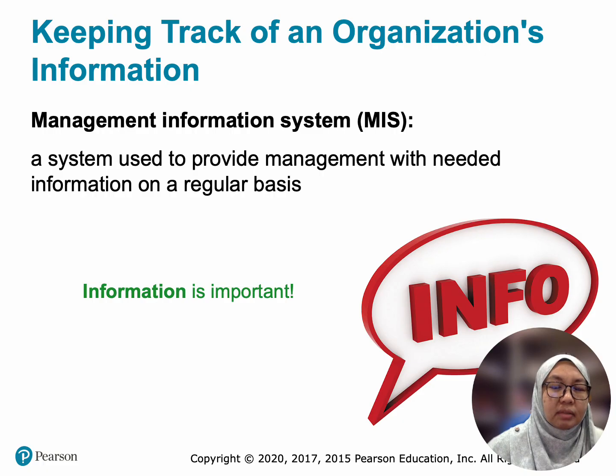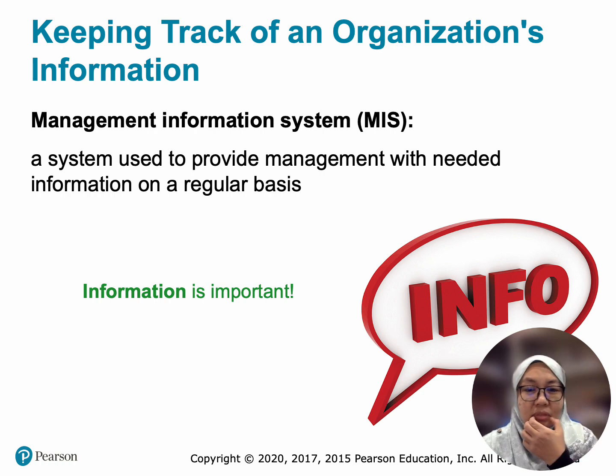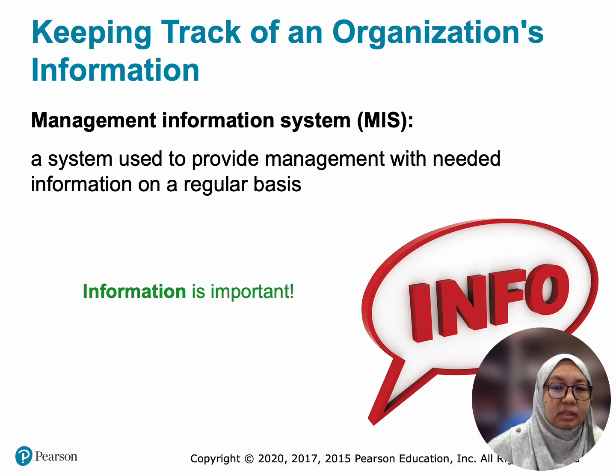When it becomes too much, they have a lot of employees, a lot of processes, a lot of range of products, so they need to keep track of all the information. So organizations can use a management information system to help them control all that information.